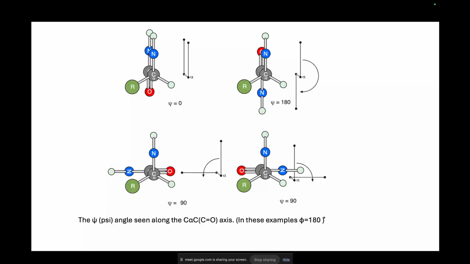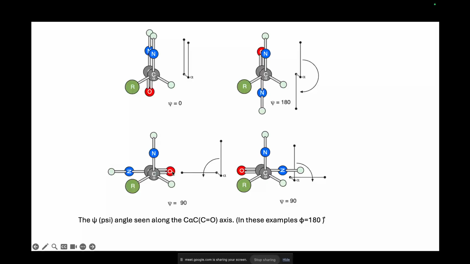Now if you rotate it by 180, so this is your alpha carbon, you rotate the alpha carbon by 180. So this O comes on the top and this particular nitrogen comes down. So this is the 180-degree rotation if you rotate it by psi. Now if you look at it from a different cross section, a different angle, so this is the alpha carbon, now you are rotating by 90.